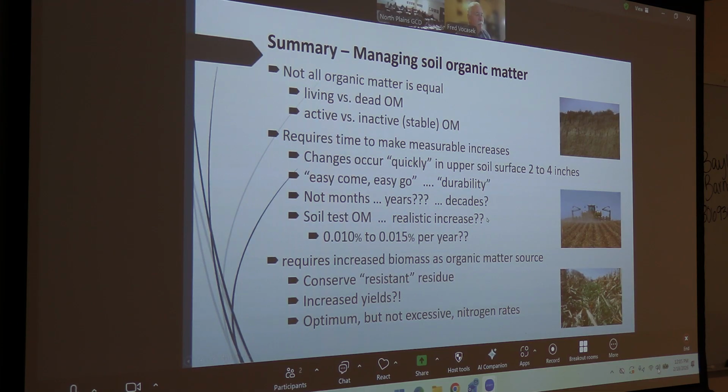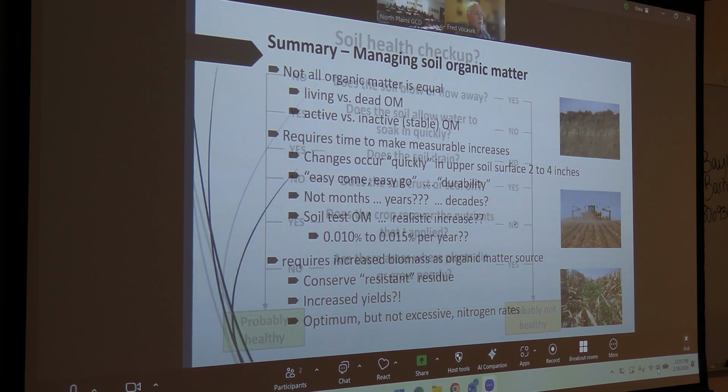So we're looking at about 0.1 to 0.5 increase in soil organic matter after about 10 years. And I do think that's realistic. And I bring that up because I read about rapid increases in organic matter. I think this is realistic, and I think this is practical. Just create some expectation.